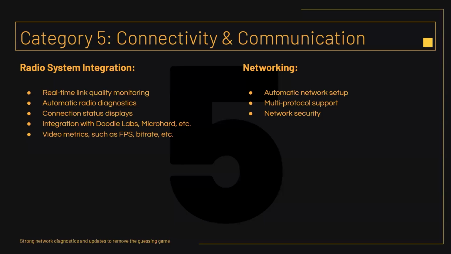And then there's multi-protocol support, which would be if you wanted to support a different protocol than what is supported by default in QGroundControl. I know there are very few cases where you actually want to do that, but if you have a very specific use case it might be useful. And then there's network security, which is very broad, but also really depends on what you're specifically doing.